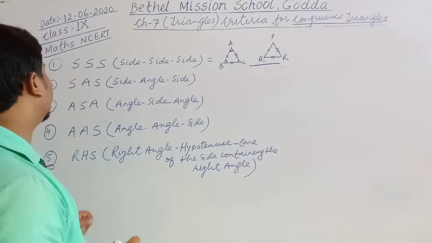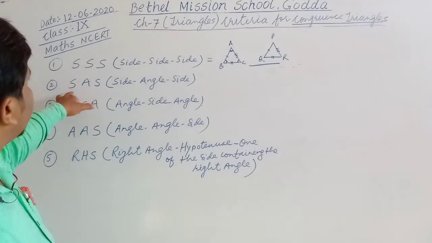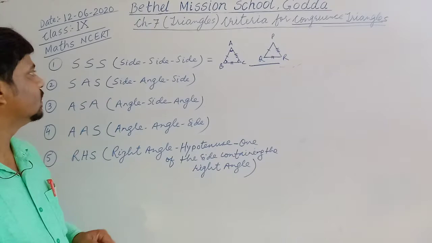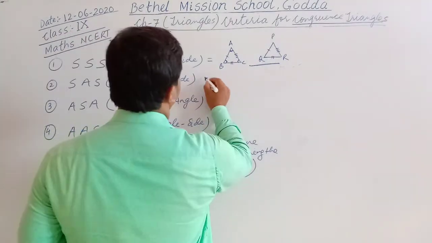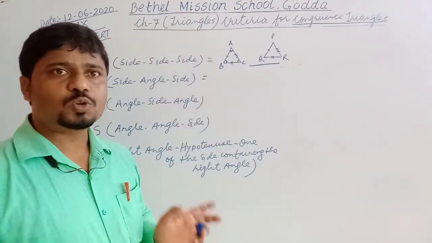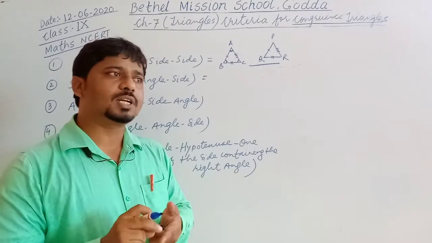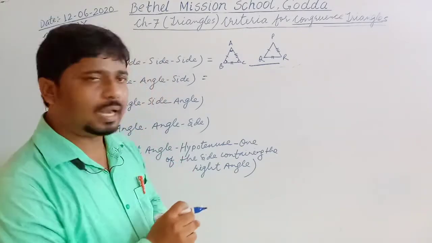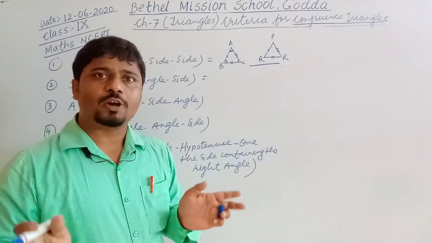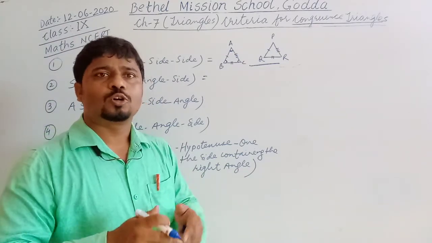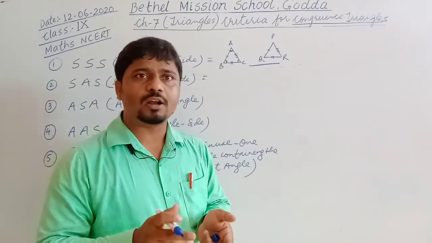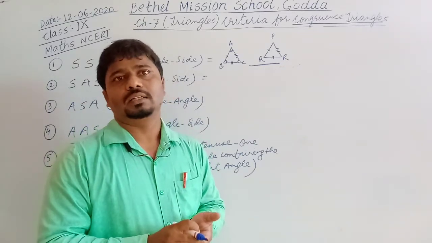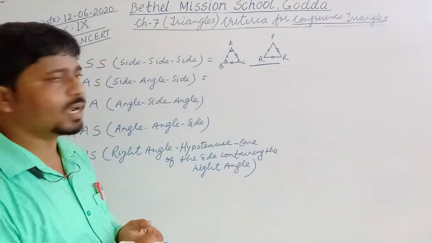Another is side angle side. Side angle side says if two sides and included angle of one of the triangle are correspondingly equal to two sides and included angle of another triangle, then the two triangles are congruent.